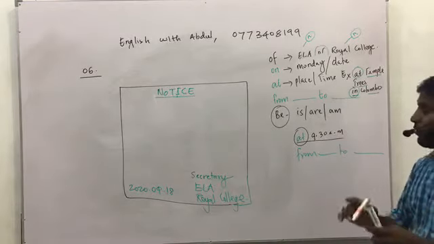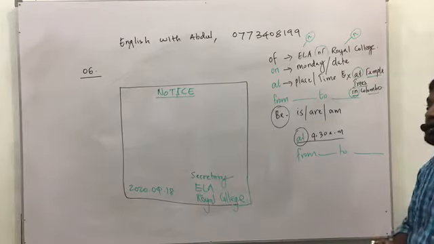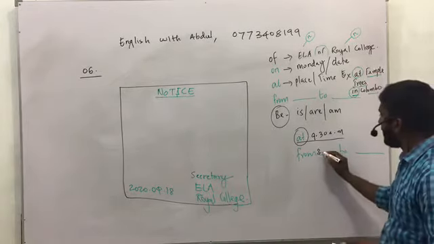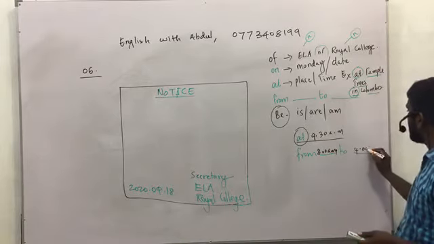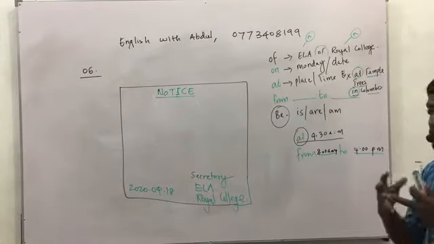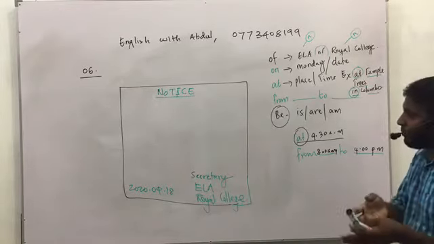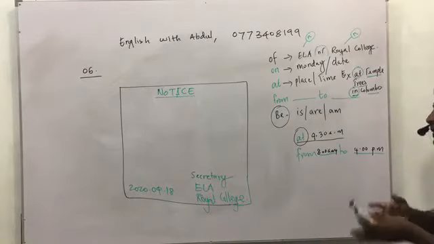But sometimes you may have a blood donation camp from 8 a.m. to 4 p.m. So if the writer wants to mention when the program is going to start and at what time it is going to end.